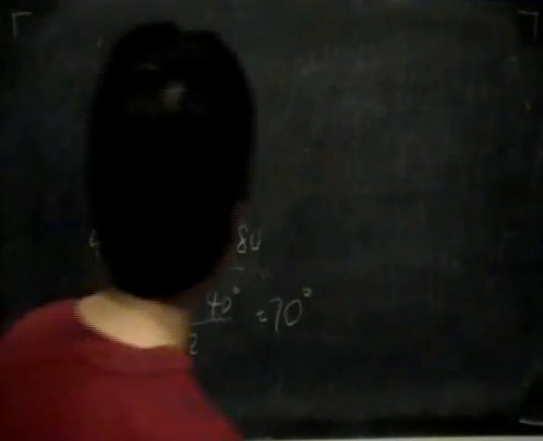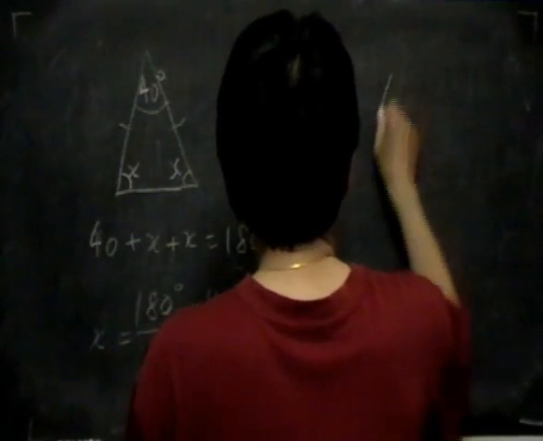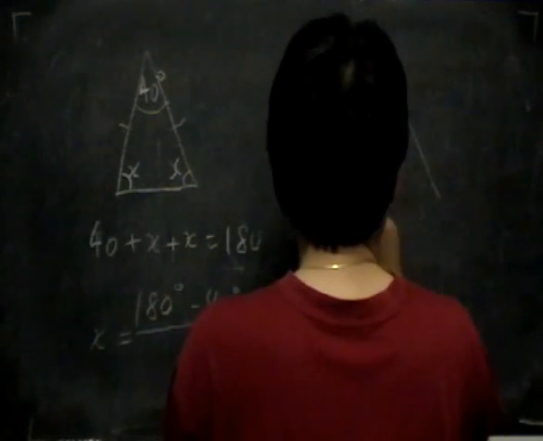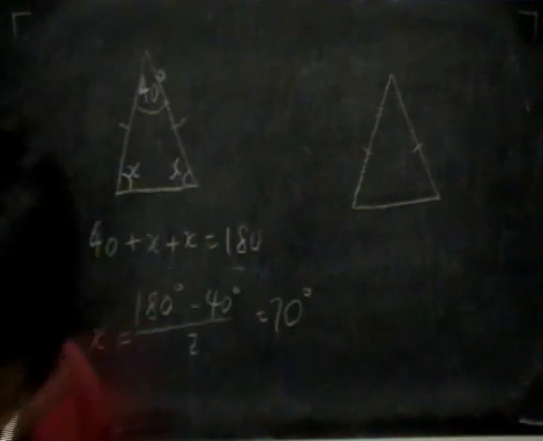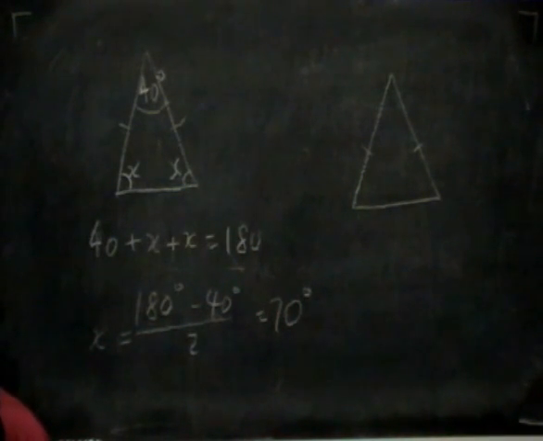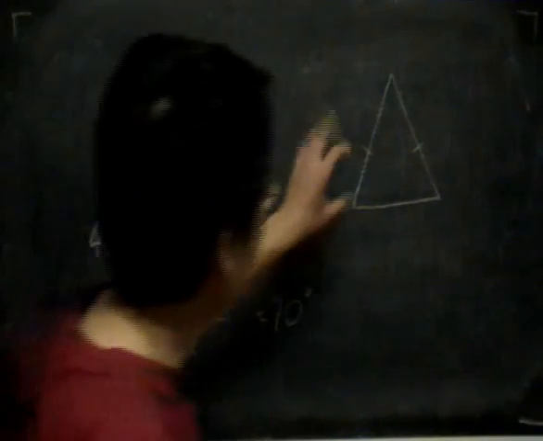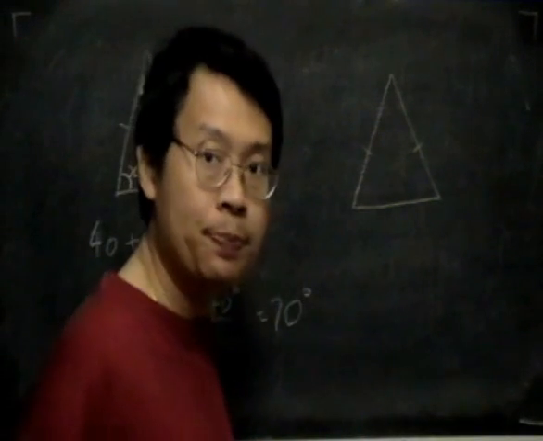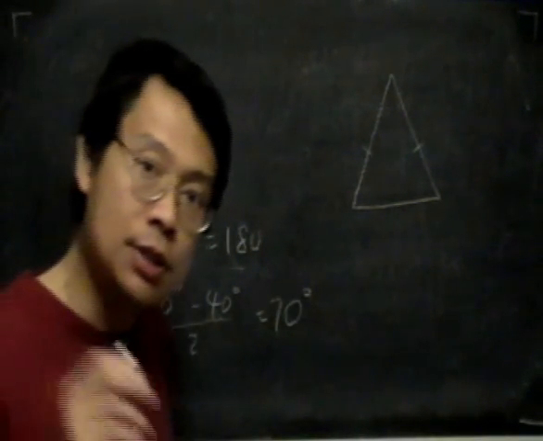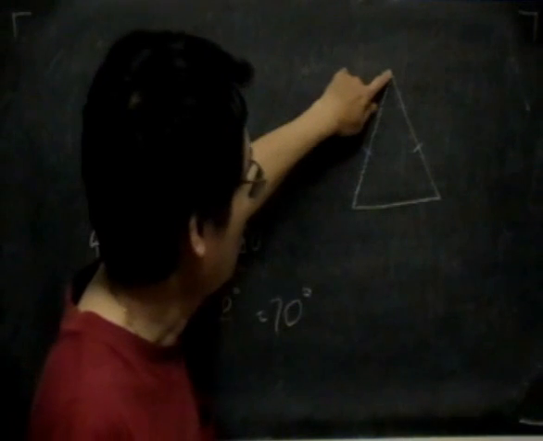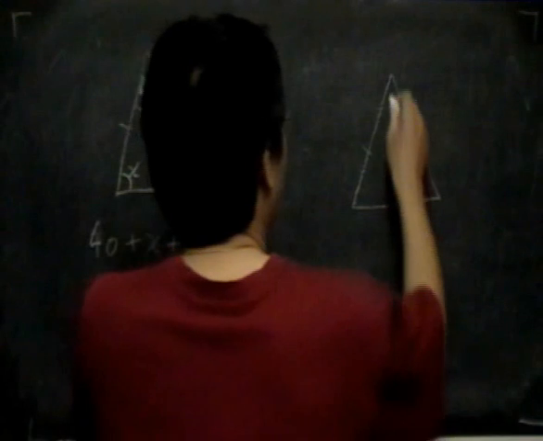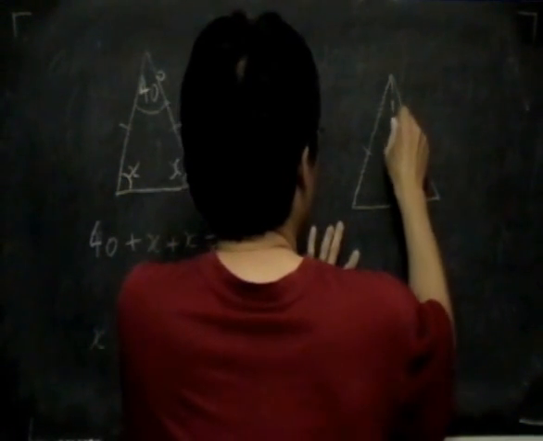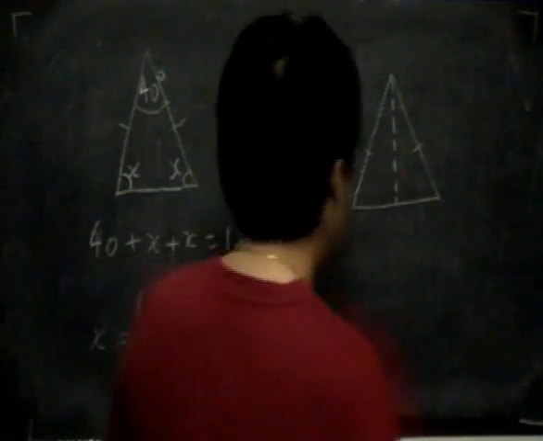Okay, that's the property with these two angles. Now let's look at another property. Okay, we have this isosceles triangle with these two sides equal. Now, suppose from the point on top, I draw a line to the opposite side.